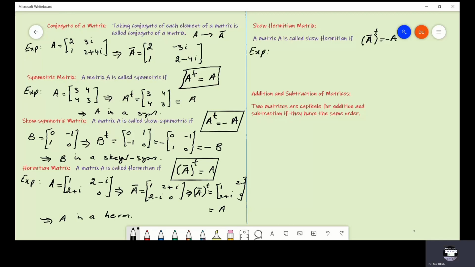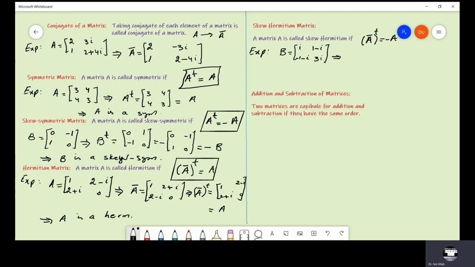In this example, we have a matrix B, which is given by iota, 1 minus iota, minus 1 minus iota, 3 iota.